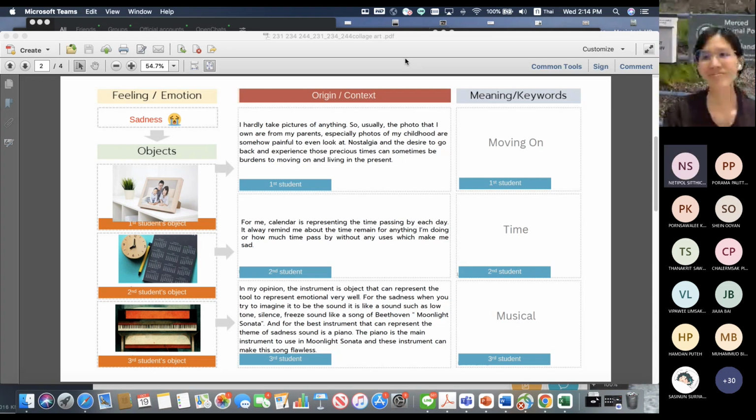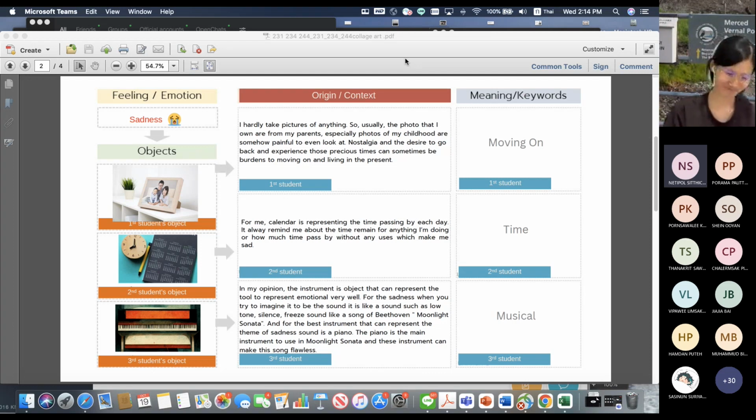Okay, for Netipol Sitthichotiertpakdee, I select piano. In my opinion, an instrument is an object that can represent emotion very well. For sadness, when you try to imagine it as a sound, it's like a low tone, silent, freeze, or cold sound. It's like Beethoven's Moonlight Sonata.